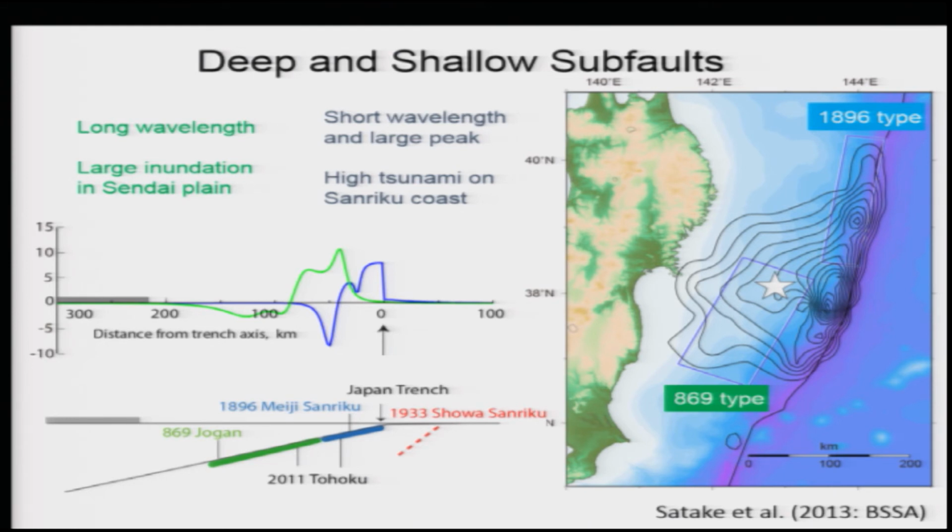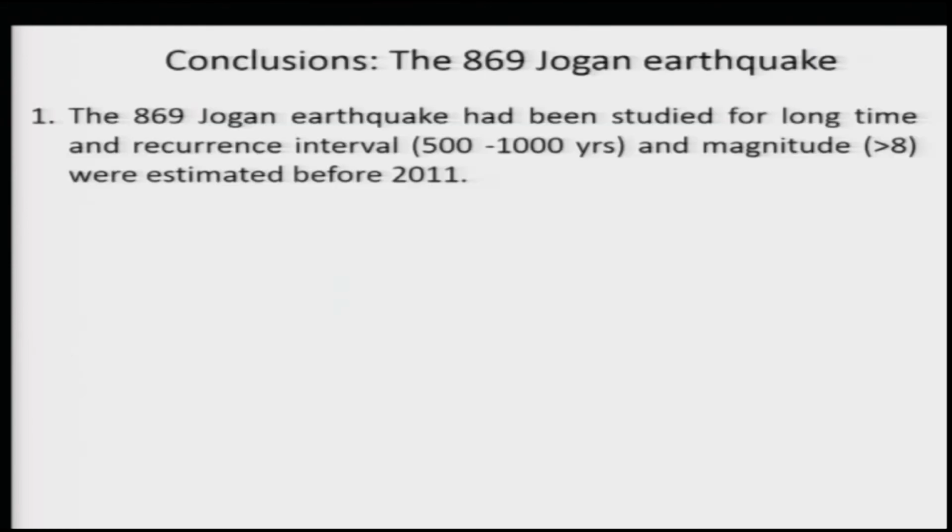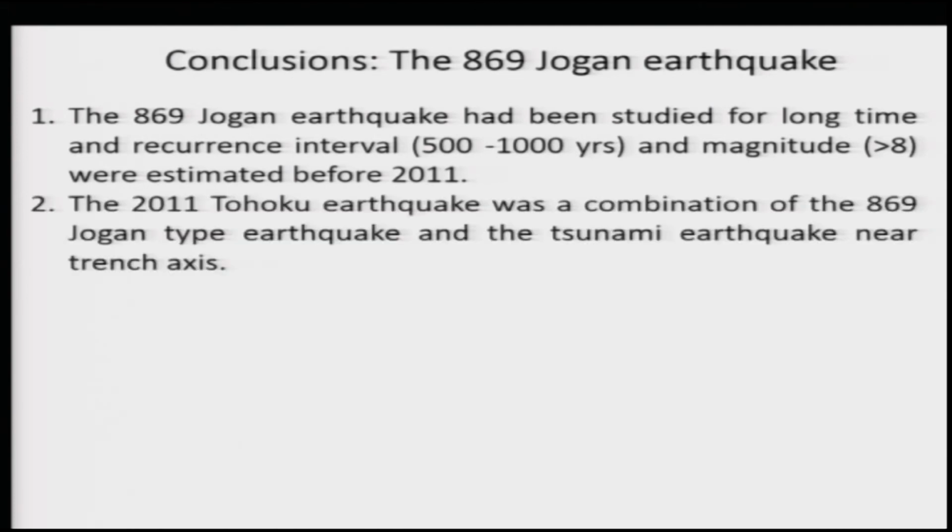So conclusions, it says that the 869 Jogan earthquake had been studied for a long time, and the recurrence interval was 500 to 1000 years, and the magnitude was greater than 8, which was estimated before the 2011 earthquake. Okay.